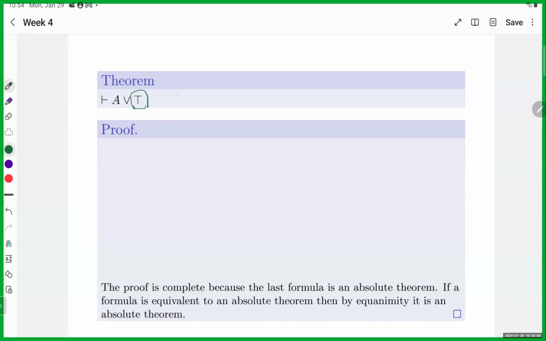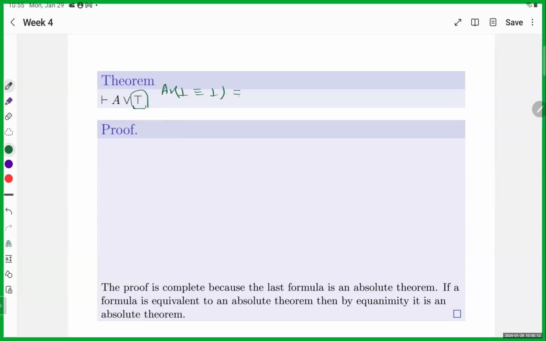But if I replace it with bottom is equivalent to bottom, which I know top is equivalent to, that's the axiom of top versus bottom, then I'm going to end up with an equivalent formula, this.